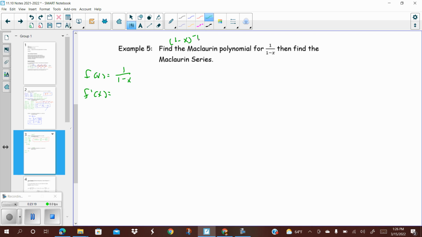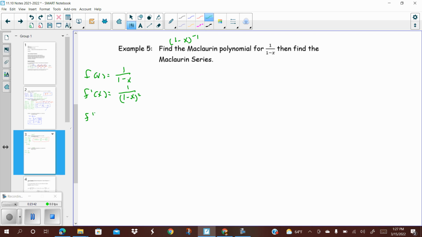So we'll bring the negative 1 out to the front and reduce the power by 1, which means we're going to have something over 1 minus x squared. But then we have to multiply that negative that I'm bringing to the front by the negative 1 from the derivative of the inside, so it just makes it a positive 1 on top. So ultimately, you would get a negative, but it'll become a positive.